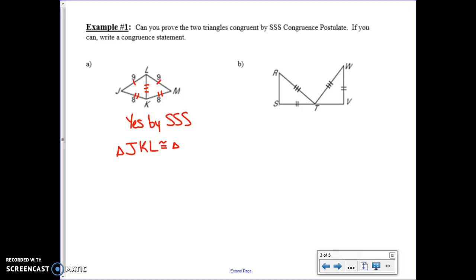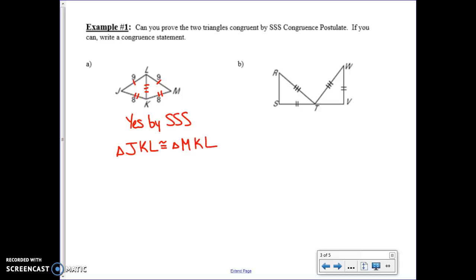I want to go in the same direction. So I'm going J, which is on the outside, to K, which is touching that middle piece. So I go over to this other triangle. I need to say M to K. So M, then K, and then I went JKL. So KL, I'm going up in the same direction.